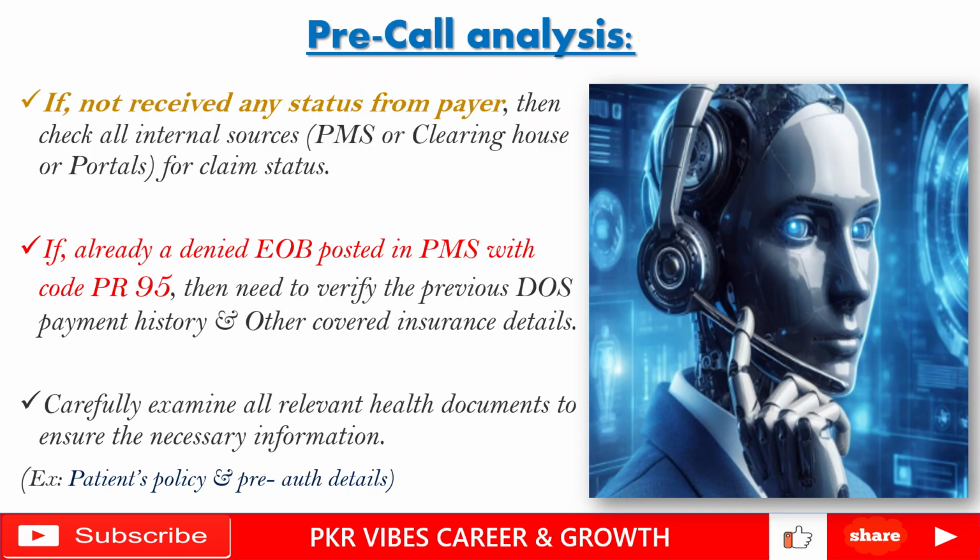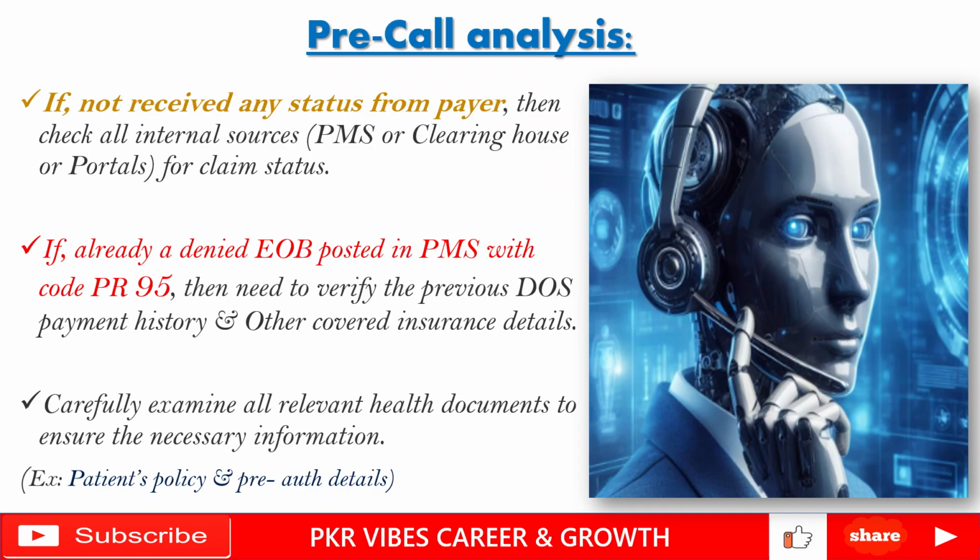For example, if you do not find any information about the claim in your doctor software, then your alternate way is to check your clearinghouse. Any electronic claims are submitted through clearinghouses, so we have to check the clearinghouse for the claim status. Did we receive any claim status from the insurance or not?